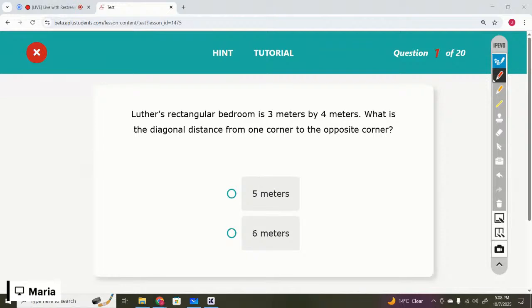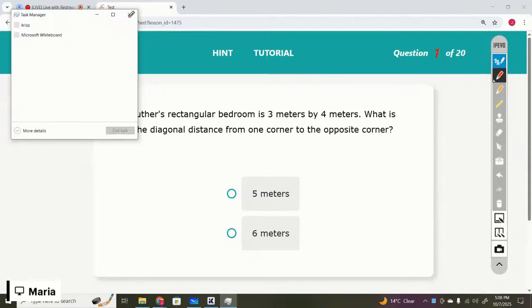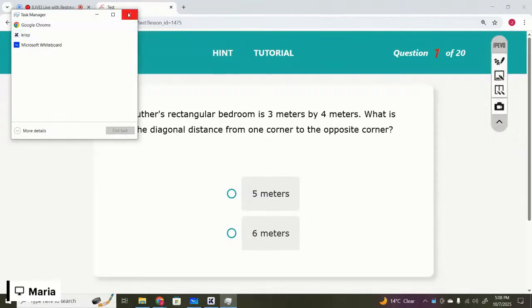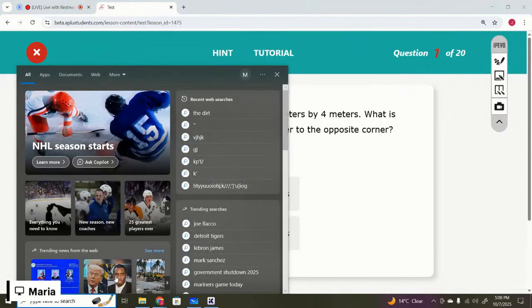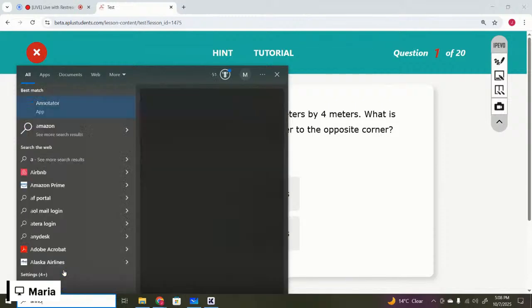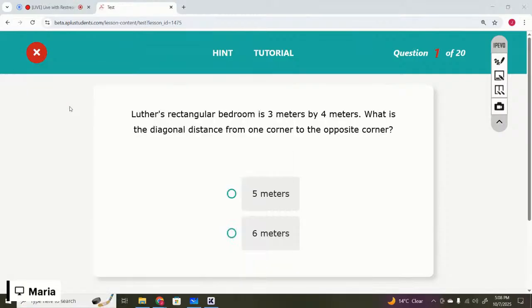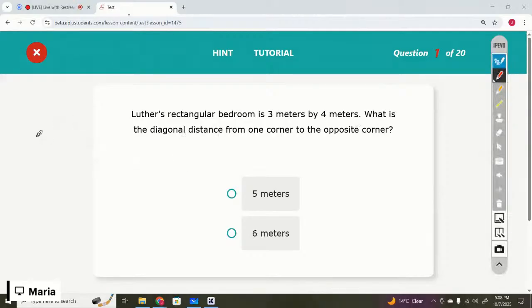Hold on. So the room is like this. This is 3 meters and this is 4 meters.